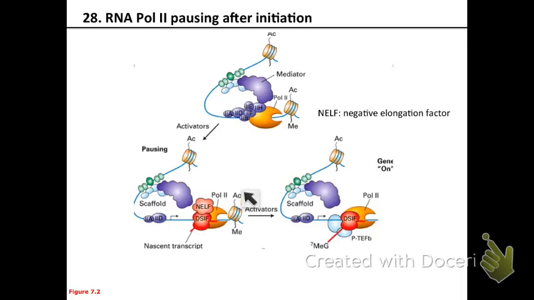Then, if there is a cue from the cell, a protein phosphorylates the negative elongation factor, and that gets released, and now the RNA polymerase can continue transcription, and it starts elongating, and it doesn't pause anymore. Okay, so this is called RNA polymerase pausing, and the gene gets transcribed.